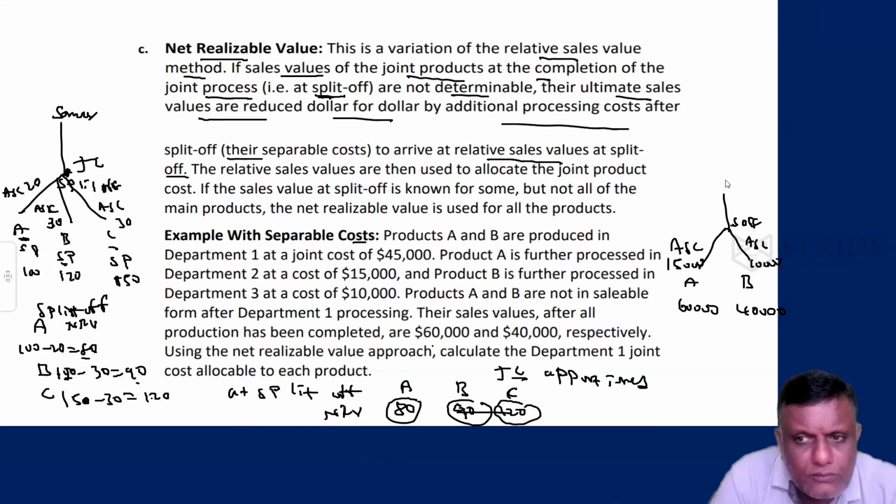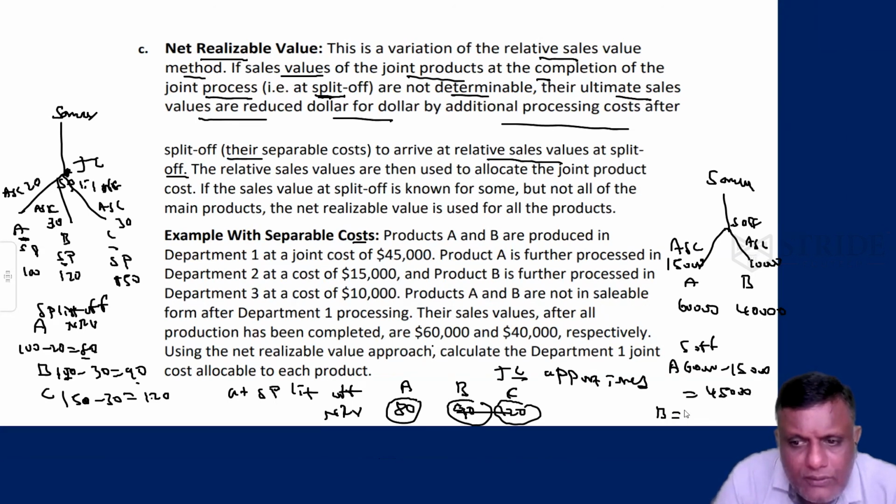This is source. At split off, A value 60,000 minus 15,000. That is equivalent to 45,000. B value 40,000 minus 10,000. That is equal to 30,000.